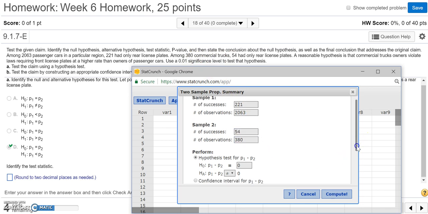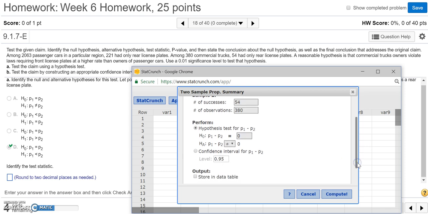Now if we go down, we need to set our alternative hypothesis. Again, this was the hypothesis that was correct. This is the one that's corresponding to our claim. So I want P1 to be less than P2. Another way to say that is if I subtract P2 from P1, I should get something that is less than 0.